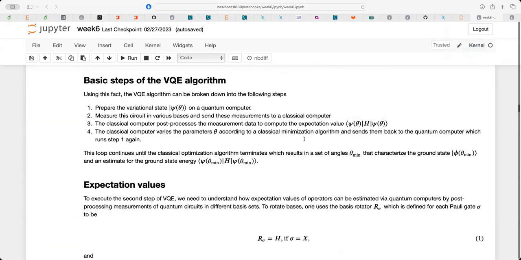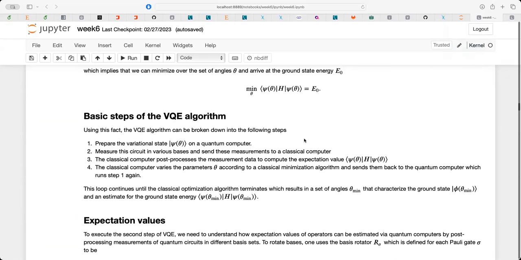So the basic steps of the VQE is to prepare the variational state with some given angles on a quantum computer. Then you measure the circuit in various bases and send these measurements to a classical computer, which performs the optimization. And then the classical computer post-processes the measurement data to compute this expectation value.